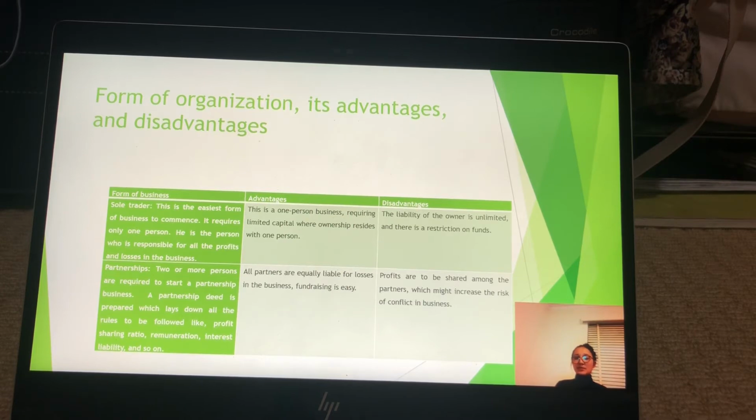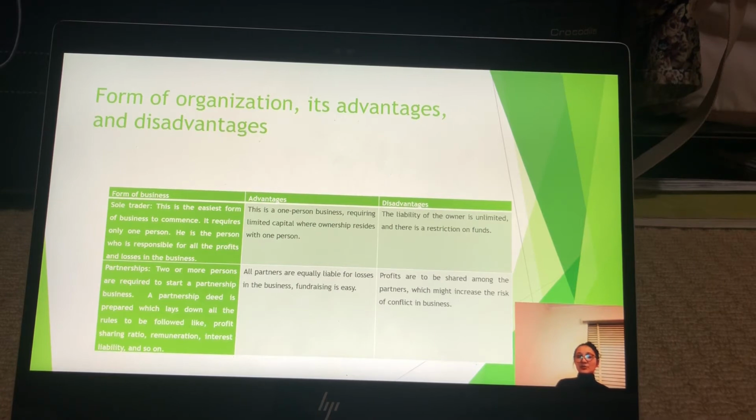A partnership deed is prepared which lays down all the rules to be followed, like profit sharing ratio, interest, liability, and so on. They have both advantages and disadvantages. We can see both on the screen.